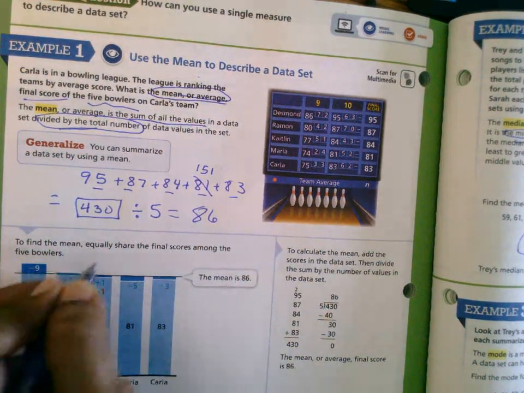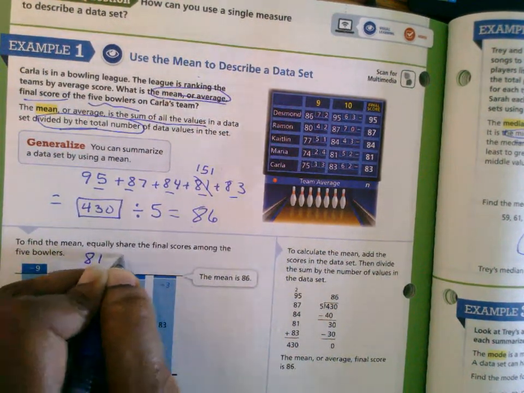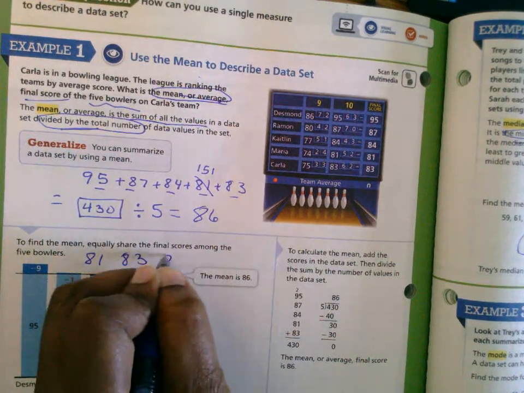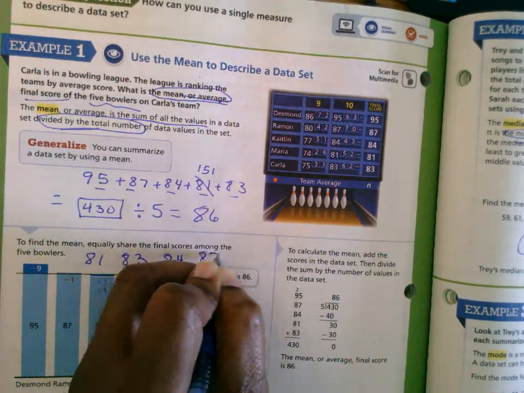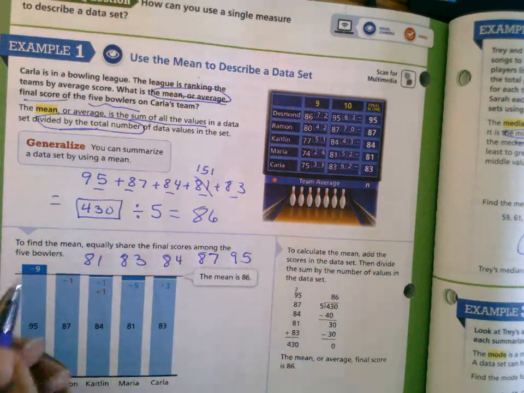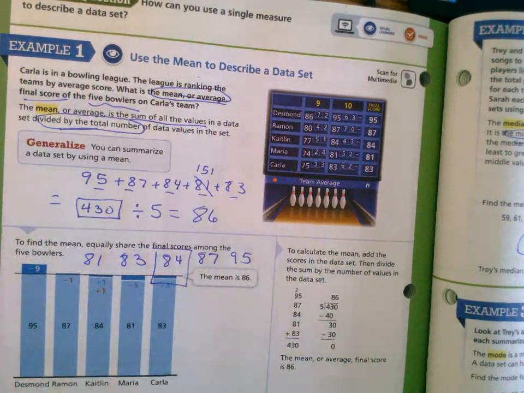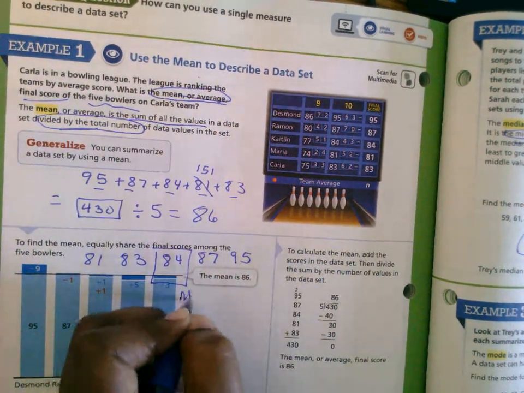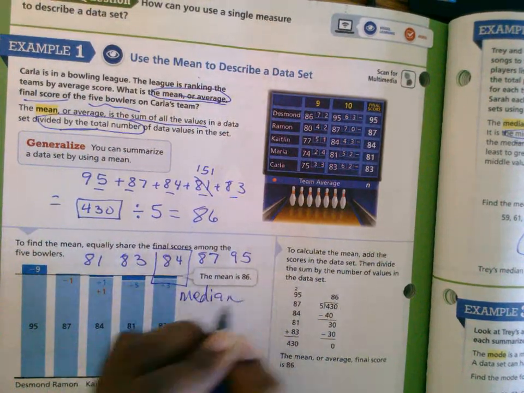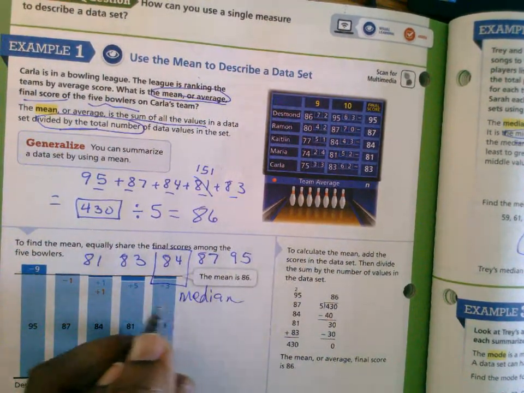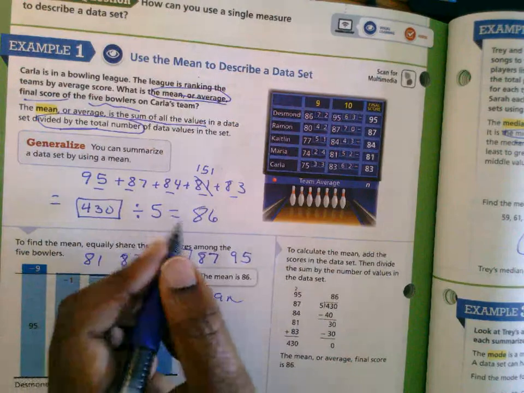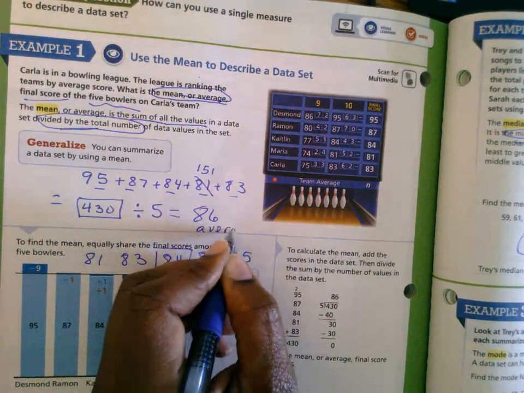The values are 81, 83, 84, 87, 95. The median is 84 because it is the value that is in the middle after you put them in order from least to greatest. The average of the data is 86.